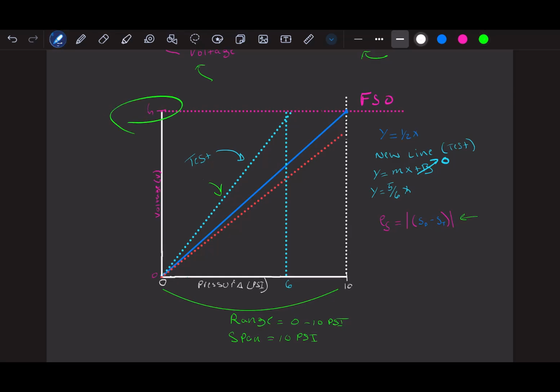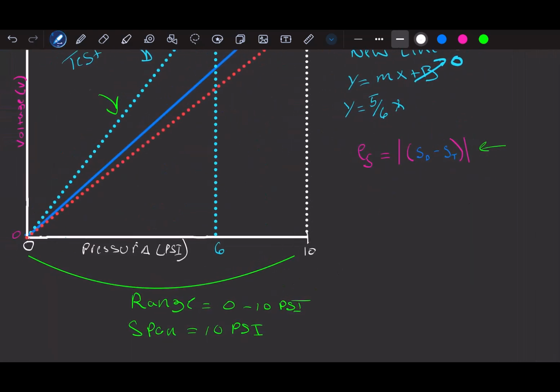The way we would write this, what we would do over here, is we would say that we have our sensitivity error, and that is going to be divided by our full-scale output, and we like to do this as a percentage, so we're going to multiply by 100.